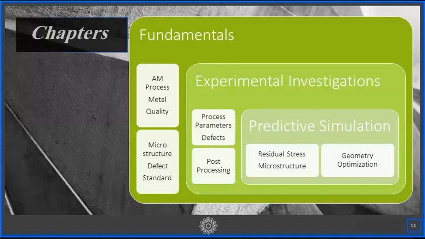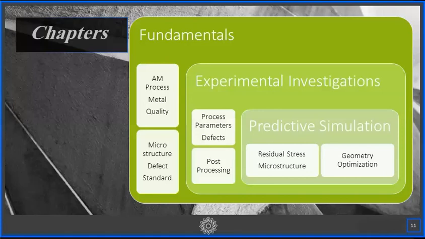So how would quality be measured? Geometrical tolerances, mechanical properties, fatigue properties, defects inside, pores inside, what are the indicators of quality, and what are the methods of quality analysis of a product made by additive manufacturing. So in the fundamentals, we will review all these topics.